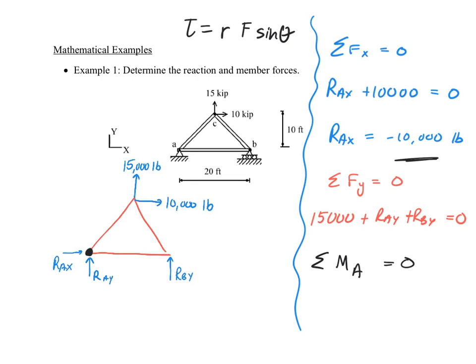Yeah, 20 feet. This is RBY, this is node A, and this gap is represented by 20 feet in the diagram. Very good. So the lever arm, or the R value, is 20 feet for that one.